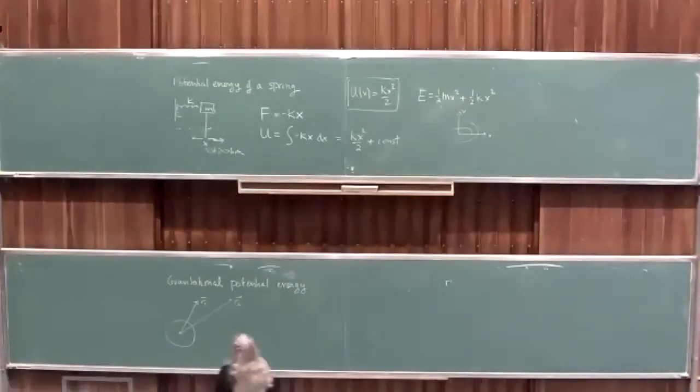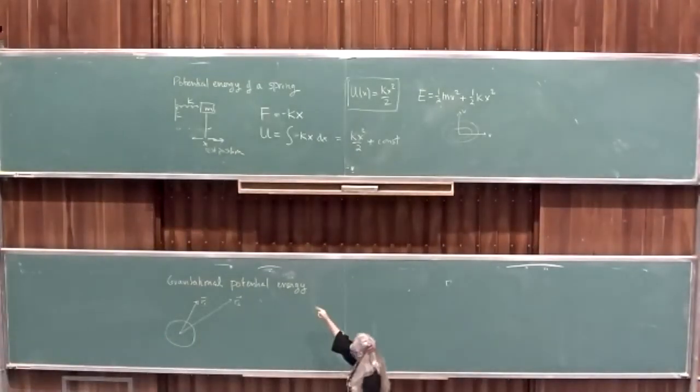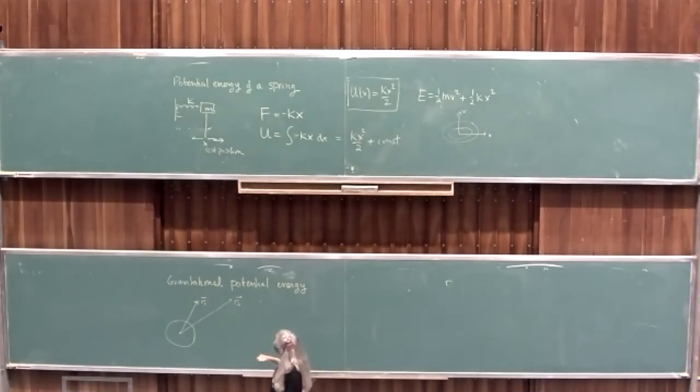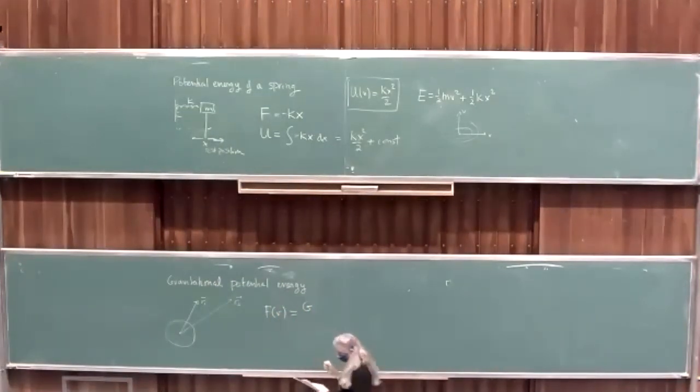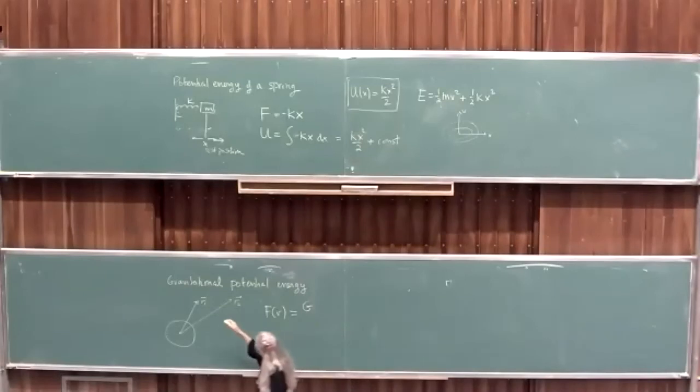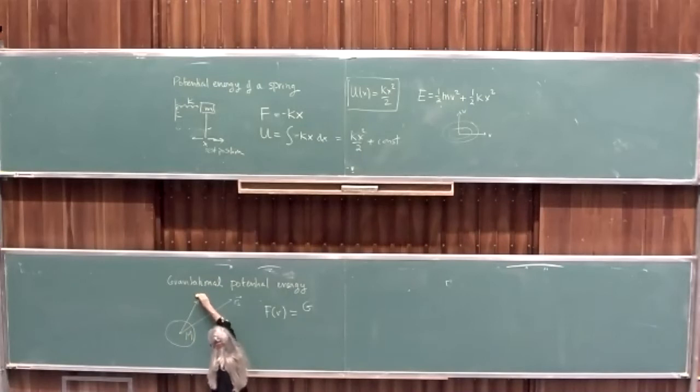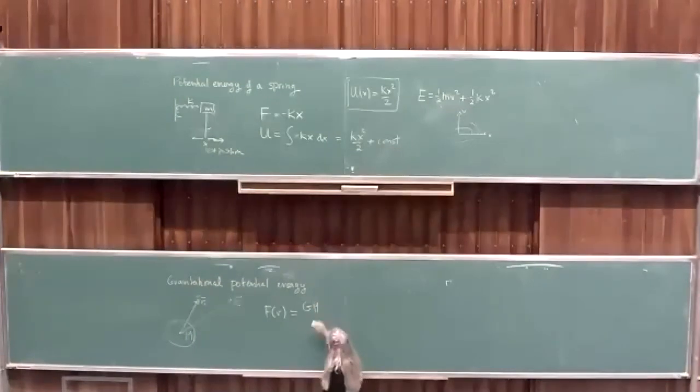But in order to do that, we have to compute the gravitational potential energy for this gravitational force. We wrote down the force law before. If this has big mass M, and I have a particle here with little mass m, then the gravitational force looks like this.